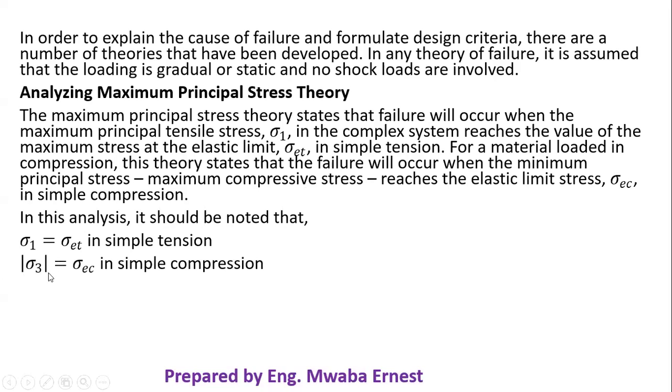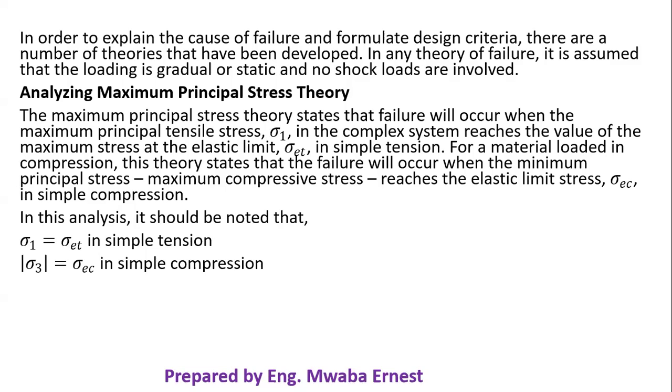This stress 3 is referring to the stress for the negative one for a material loaded in compression. We already mentioned that when you're loading a material in tension, the dimensions of such a material are going to increase. As a result, such a stress ends up being positive, because the load that causes that is a tensile load. Here, it's a compressive load, hence a compressive stress, and that's why it comes out as negative.